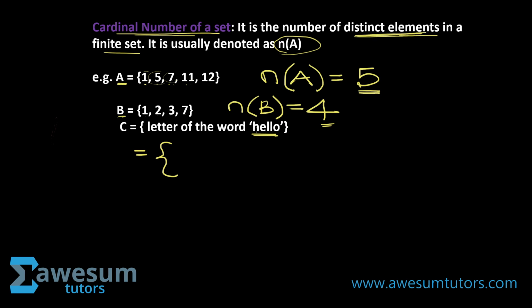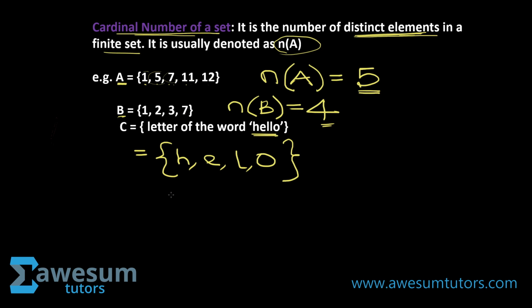So I'm going to write this way: H, E, L. Because there are two L's here, and we said distinct, I should not write the L twice. I only need to write it one time. So I have L, then I have this O. I'm going to close it.